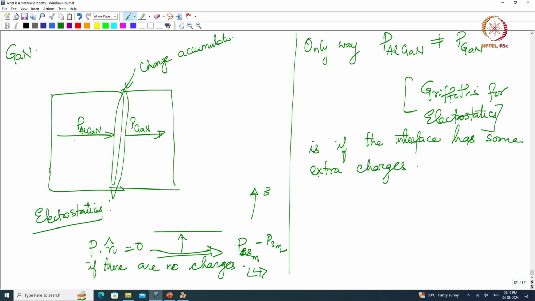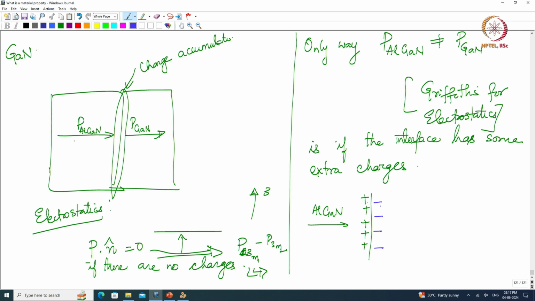And it turns out, let's say I am collecting positive charges because of the polarization of AlGaN, but because of GaN polarization it starts with fewer negative charges. GaN has lesser polarization.